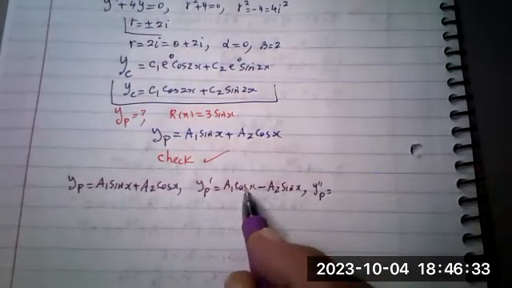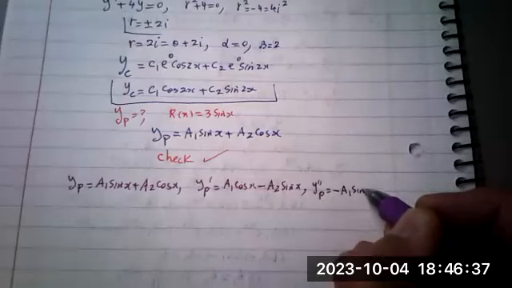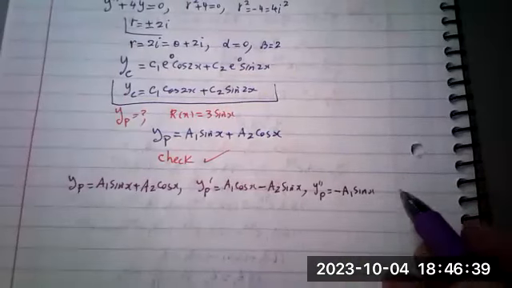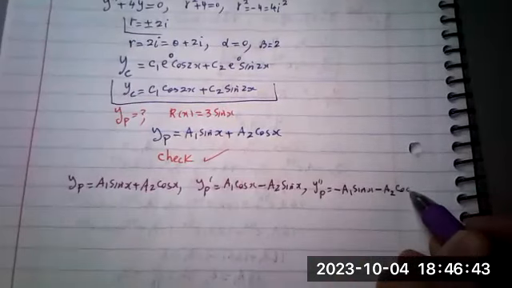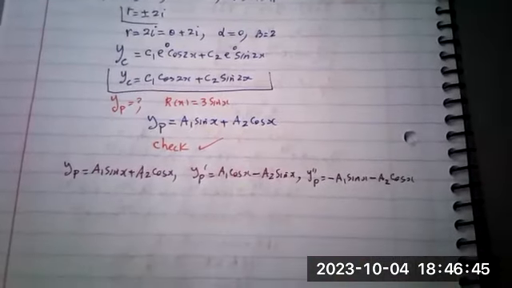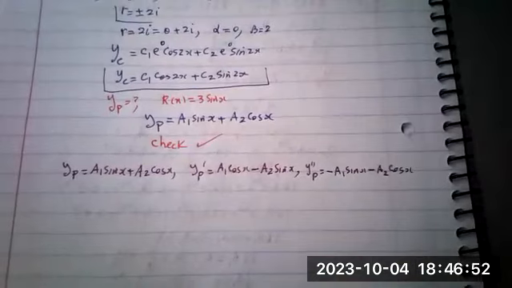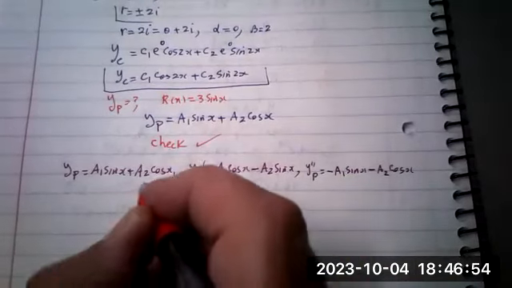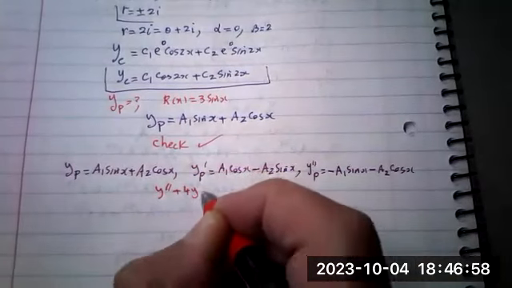The derivative of cosine is negative, so it's going to be negative A1 sine. And the derivative of sine is cosine, so negative A2 cosine. Go back, substitute, and find A1 and A2. You're going to substitute into the original equation, y double prime plus 4y equal to 3 sine.